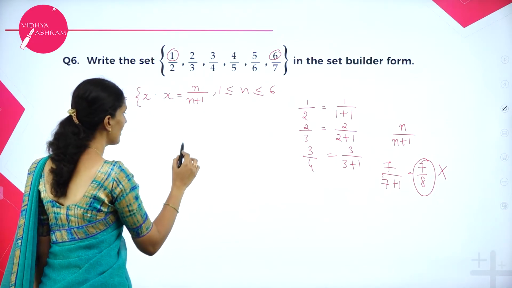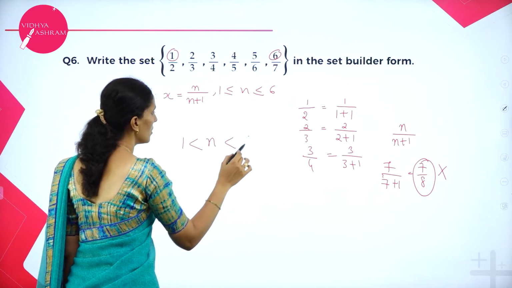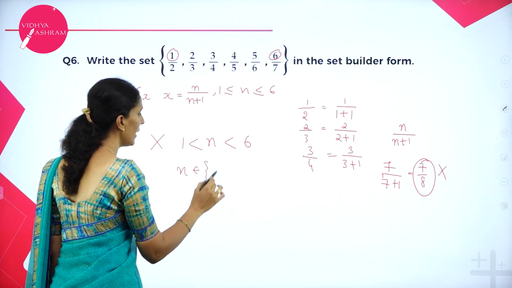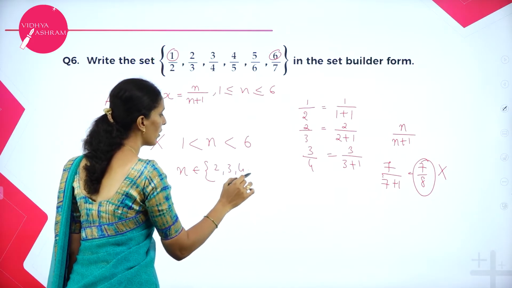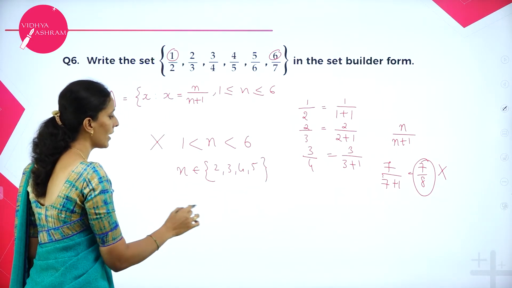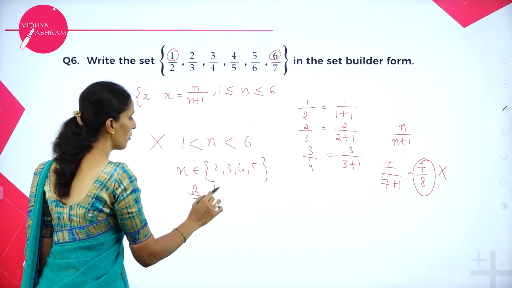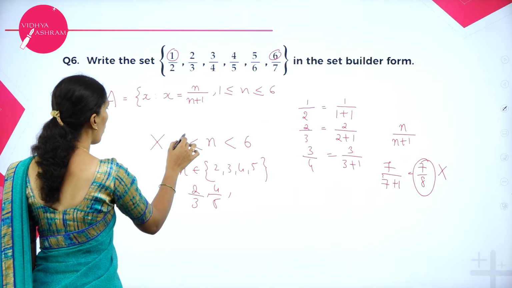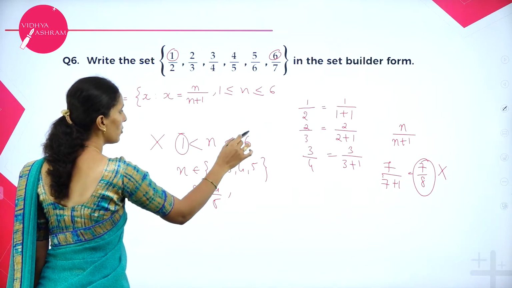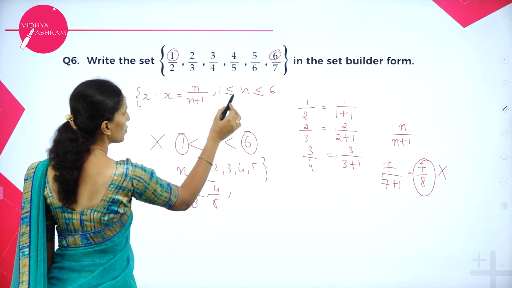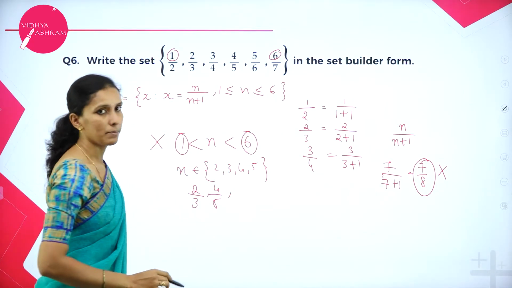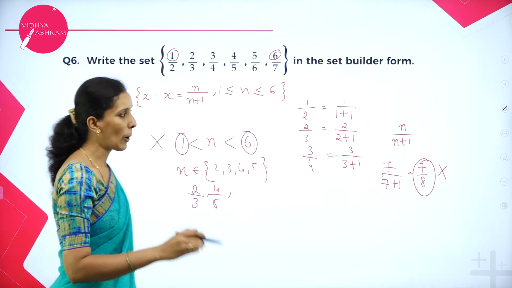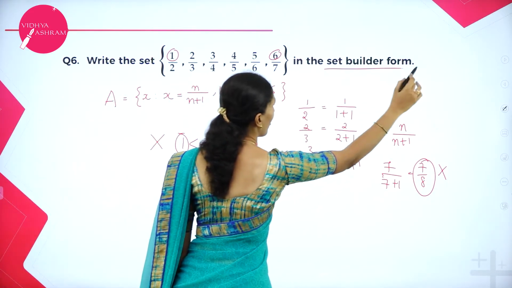Suppose you write it with strictly less than, this is wrong because n can take values of only 2, 3, 4 and 5. So you will get only the elements 2 by 3 to 5 by 6, that's all. But you want 1 by 2 also. If you want 1 by 2 and 6 by 7, then you should use the equality symbol also. So this is how we write the condition or the property of a set in set builder form.